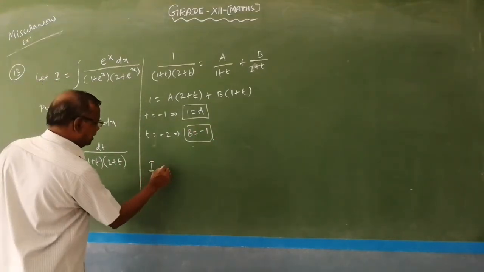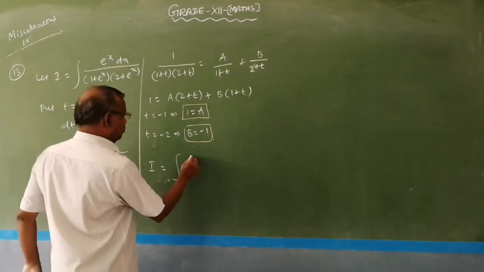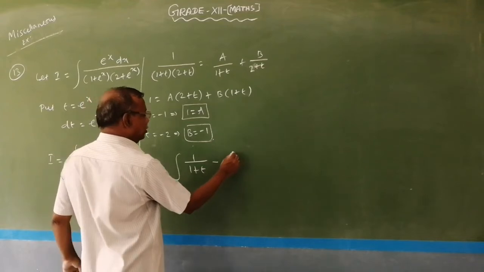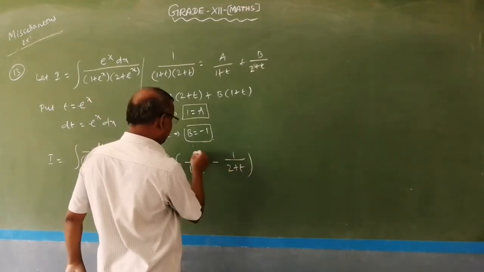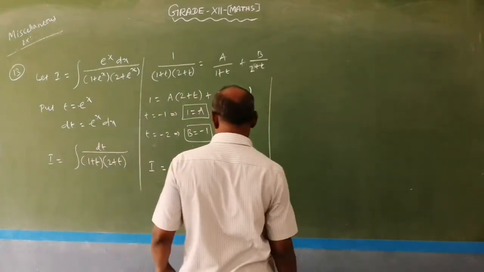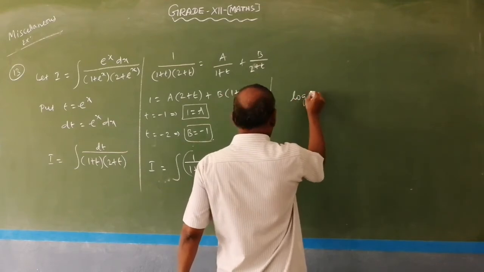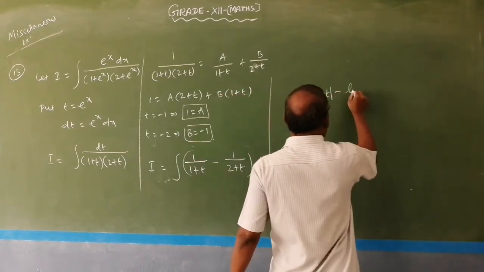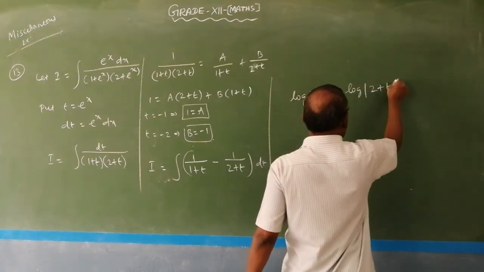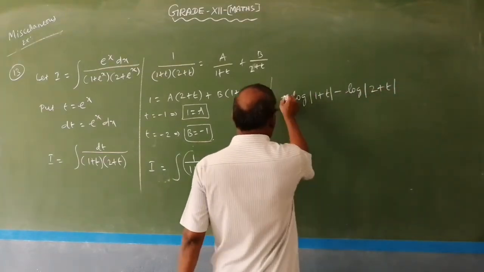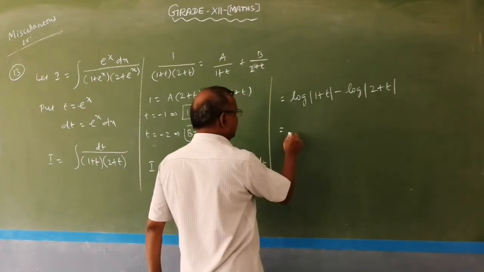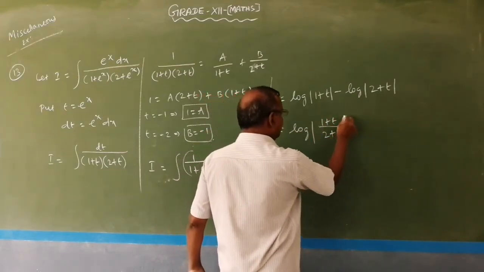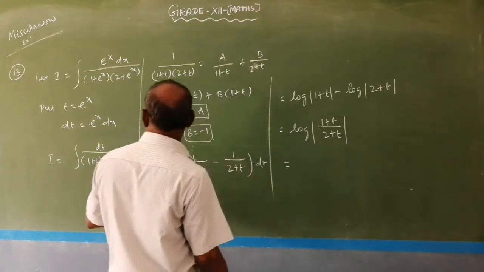So, I can be written as integral of 1 by 1 plus t minus 1 by 2 plus t into dt. So, that is log of modulus of 1 plus t minus log of modulus of 2 plus t, which is log of modulus of 1 plus t divided by 2 plus t, and t is nothing but e power x.